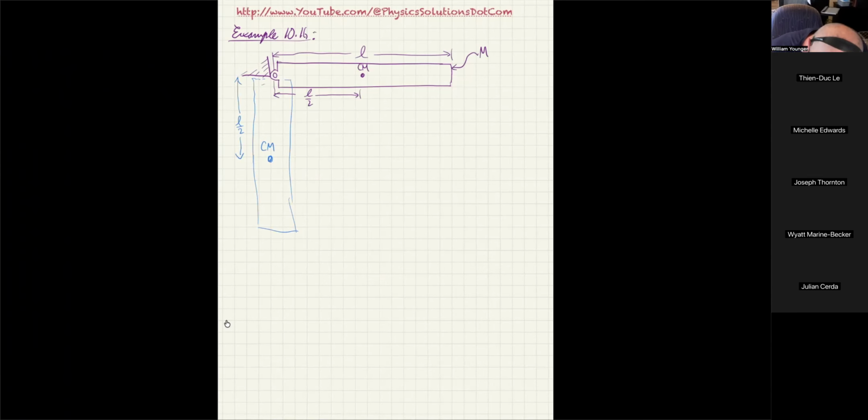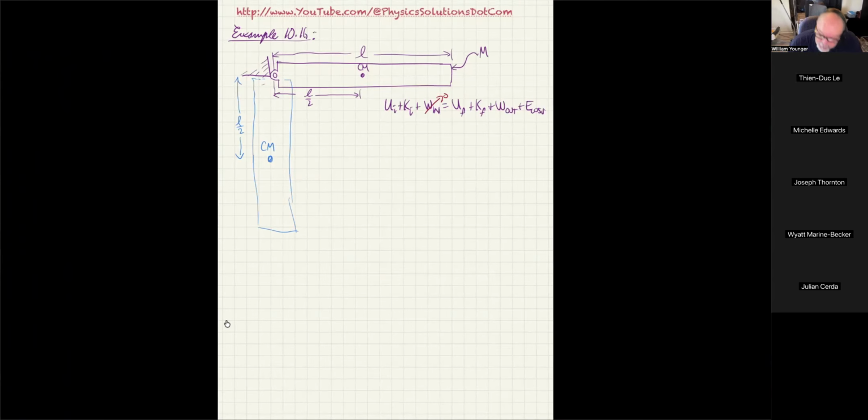So using my energy methods, what I know is U initial plus K initial plus work in is equal to U final plus K final plus work out plus E loss. Remember, this is the way that I do it. In this case, we don't have any energy input to the system initially.